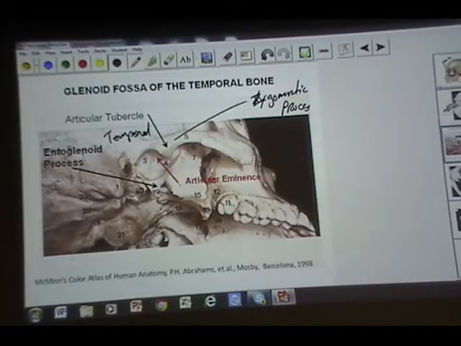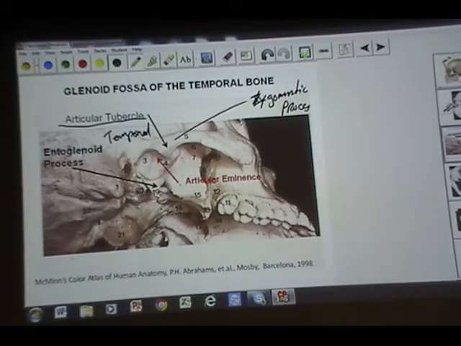And this bump on the outside is referred to as the articular tubercle, the articular bump, okay? The mandible condyle does not articulate on that bump, but that bump is important in relationship to support of the relationship between the mandible and the temporal bone, because it's going to be an attachment point, we'll see, for a very dense ligamentous band called the lateral temporomandibular joint ligament.